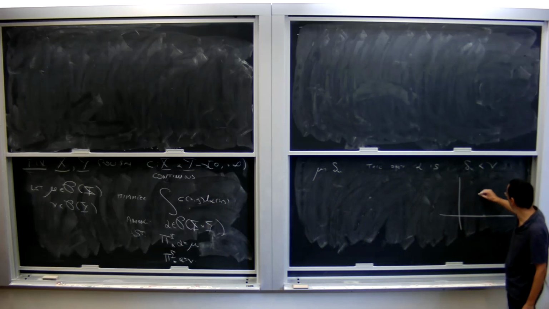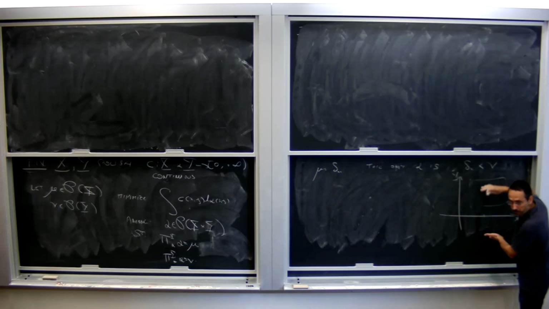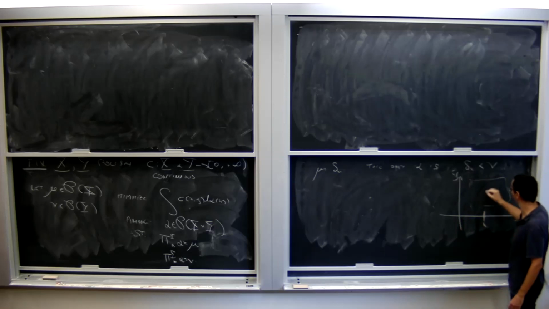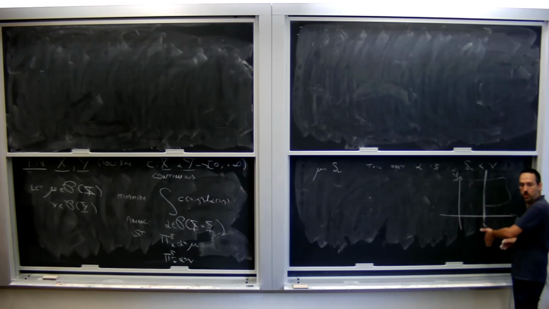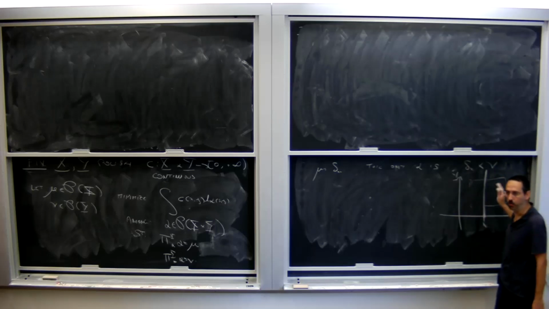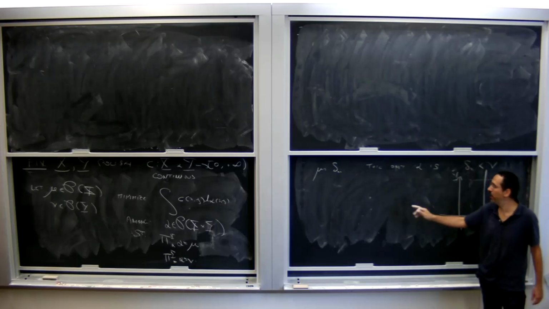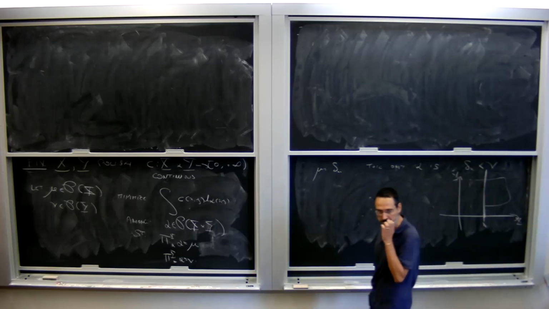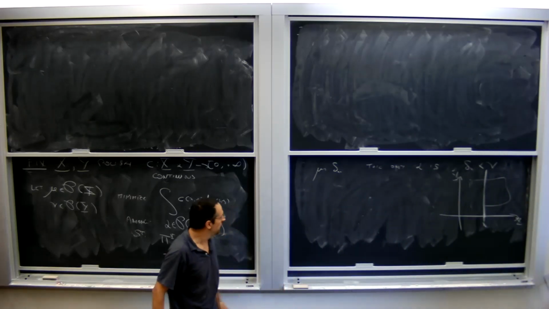You're looking for measures on the product space, x here and y here, that project onto x and y to the given measures. If the starting measure is a delta at x, this measure should be concentrated on the cylinder based at x. So there is really no wiggling room. The projection onto y should be nu, and that's an exercise: it's the only measure that satisfies the constraint. Okay.